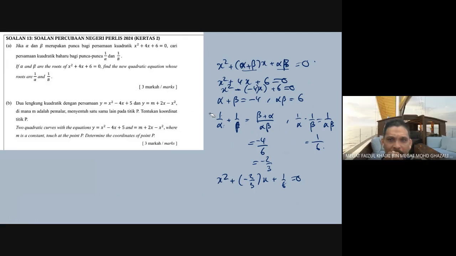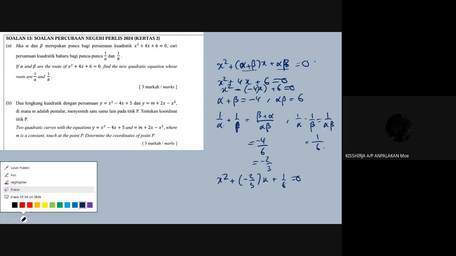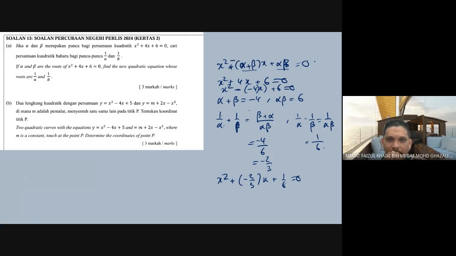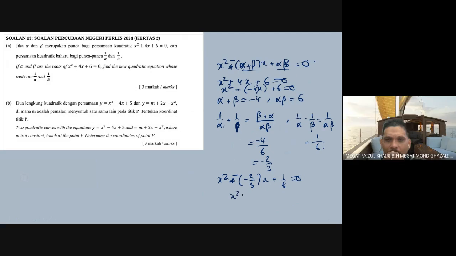That one is negative, and the bottom is also negative, so it becomes positive. So x squared plus 2 over 3 x plus 1 over 6 equal to 0. Finally, you get 6x squared plus 4x plus 1 equal to 0.